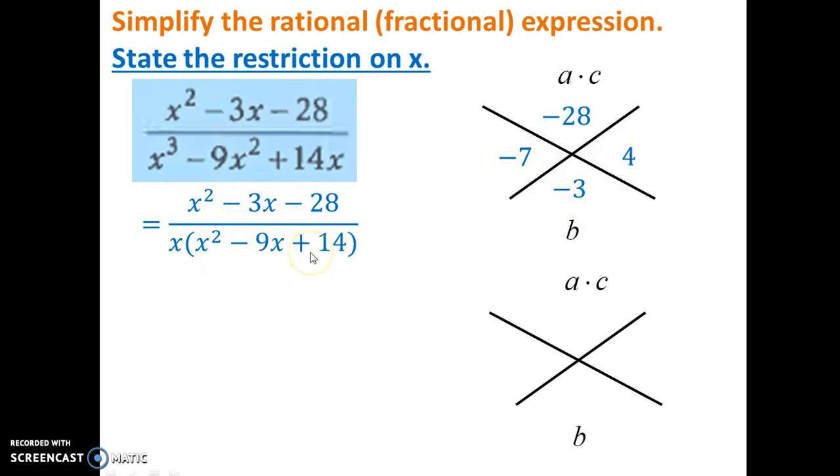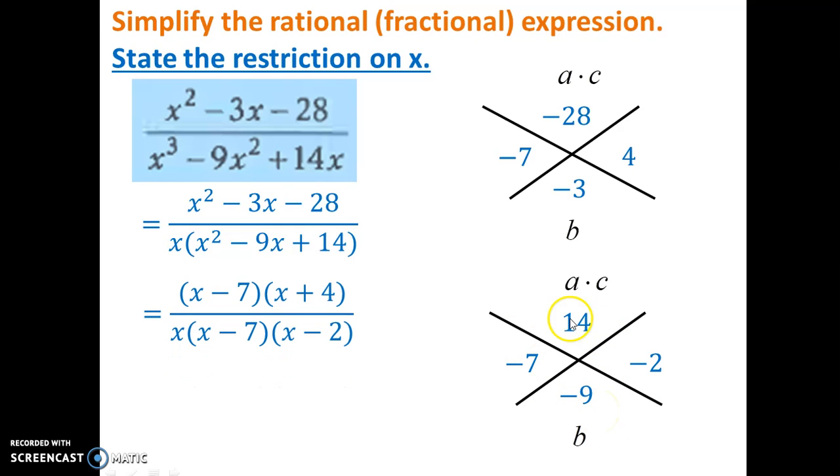Now the bottom, a times c, 1 times 14 is 14, b value is negative 9. Two numbers that multiply to 14 but add to negative 9, negative 7 and negative 2 multiply to positive 14 but add up to negative 9. So factored form then, these ones here, negative 7 and 4, helped us factor the top. These ones here, negative 7 and negative 2, helped us factor the bottom.